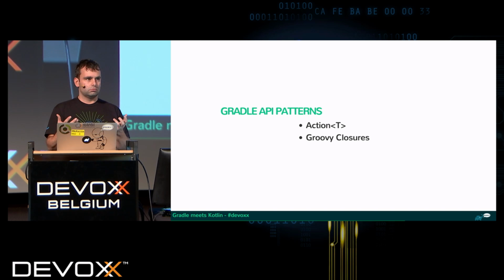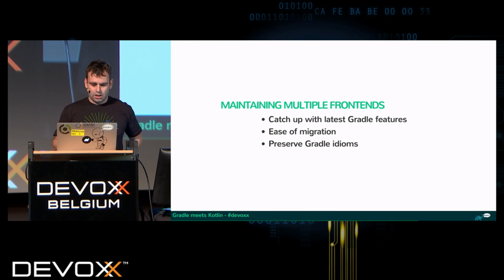In Kotlin, you have lambdas, and you want to use those lambdas. So we have to come up with a solution to maybe hide these or to make them non-available if you come from the Kotlin world. Yeah, that's something we still need to sort out.